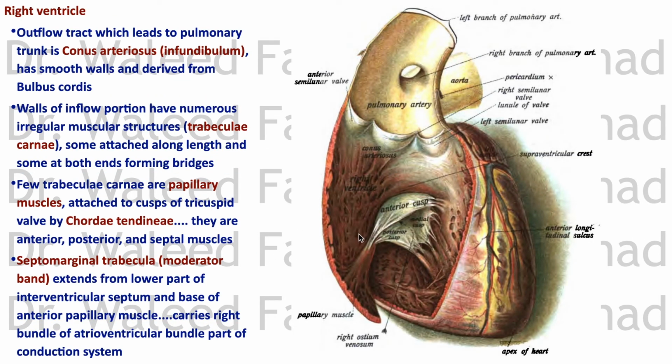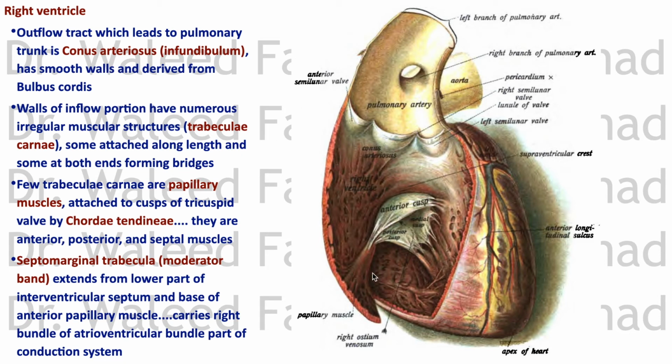The right ventricle: we came from the right atrium to the right ventricle through the tricuspid valve. Tricuspid means it has three cusps. This is the inside of the right ventricle. You can see that it has a smooth part upwards called the conus arteriosus or infundibulum that will give rise to the pulmonary trunk. So this is the outflow direction, this is the inflow direction.